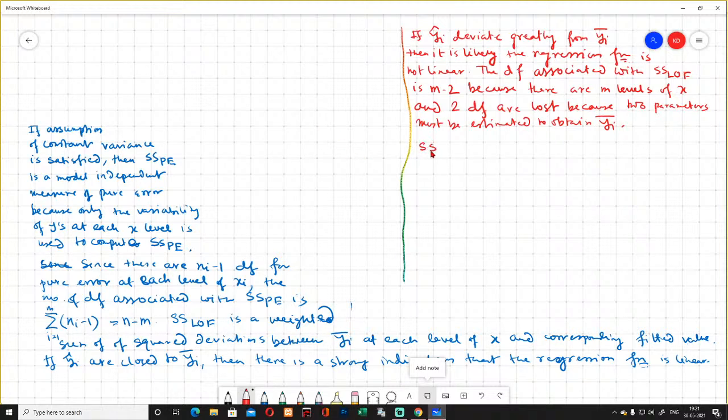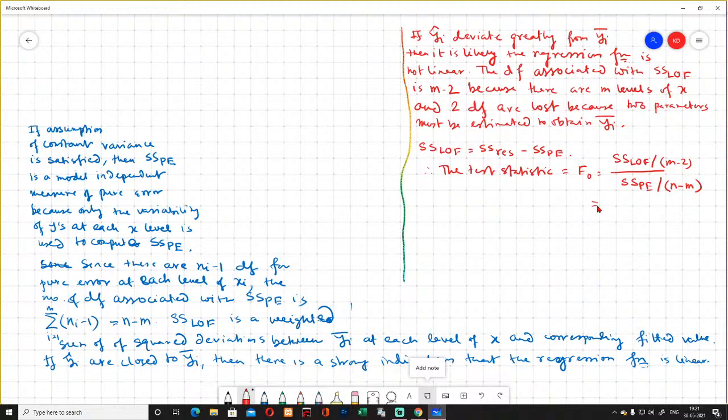So SS due to lack of fit is equal to SS due to residual minus SS due to pure error. We already saw this. Therefore, the test statistic F naught equals SS due to lack of fit divided by its degrees of freedom, m minus 2, over SS due to pure error divided by n minus m.